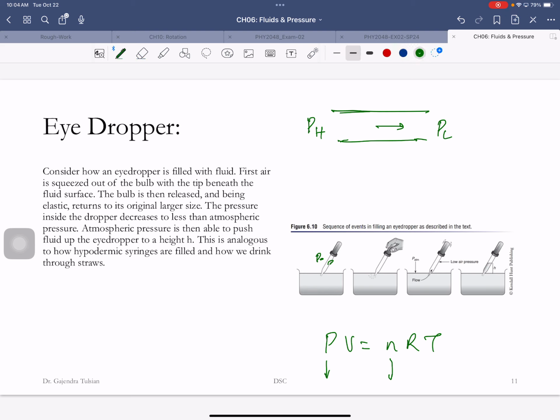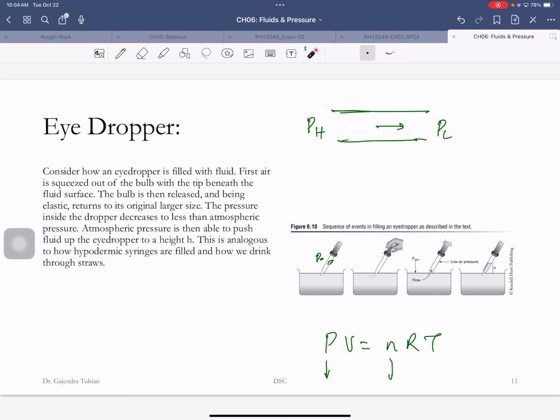The pressure inside was lower, and at the tip, the pressure is 1 atmosphere plus the pressure of this liquid. So the pressure outside is higher, it is 1 atmosphere, so fluid flows in here. How high does the fluid flow?